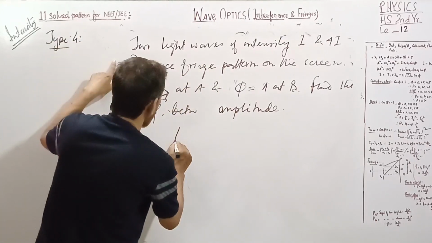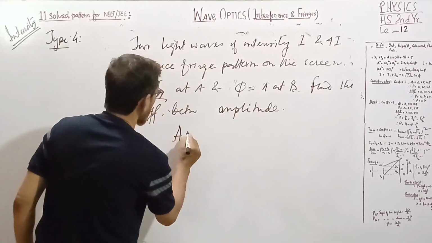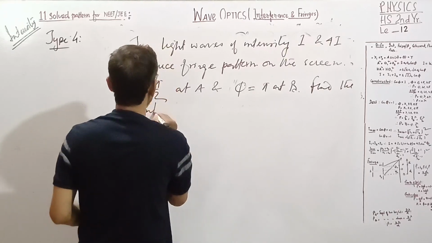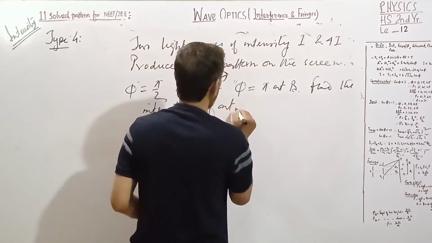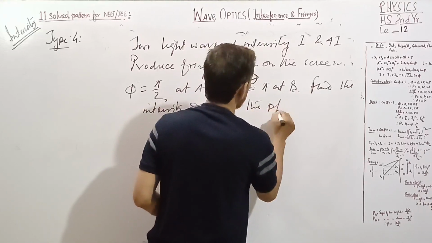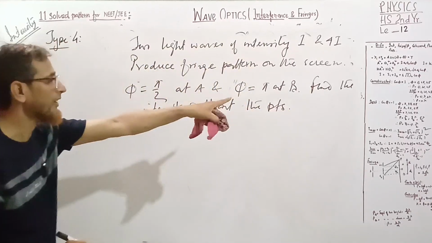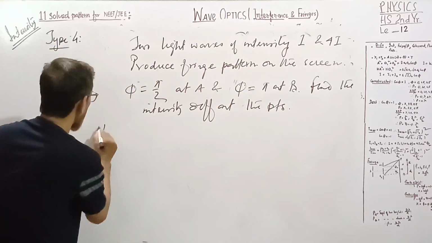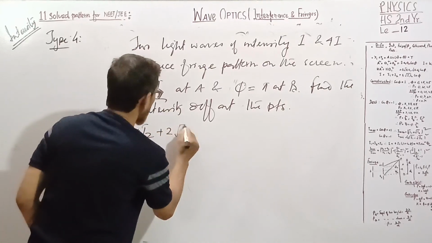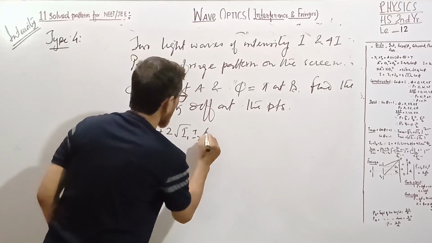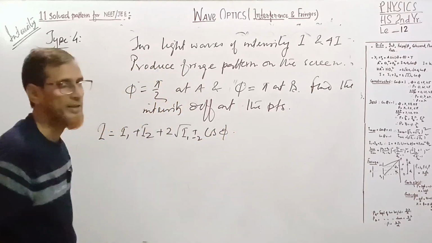So we need the intensity difference at the points. This is the question. Now what is I? I is equal to I1 plus I2 plus twice root over I1 I2 cos phi.